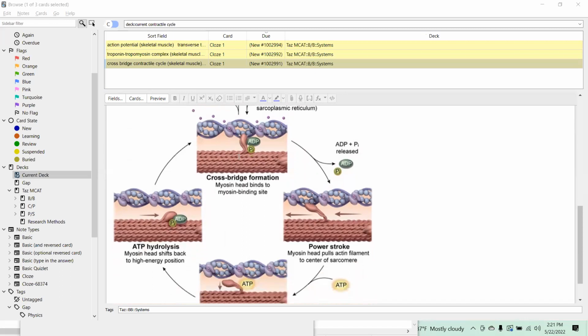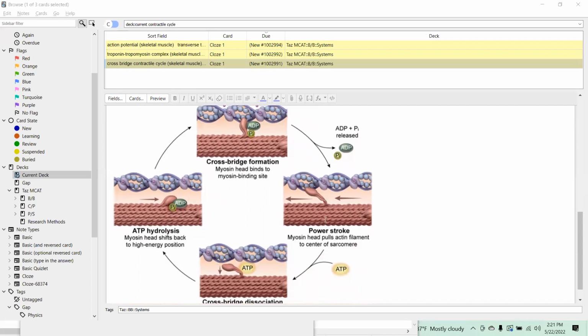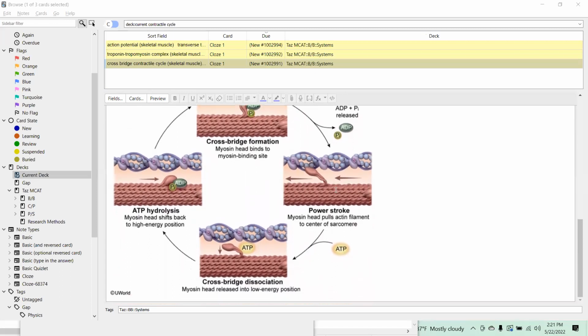Yes, that's what it's called. And then when these guys release, the myosin does this thing called the power stroke, which pulls on the filament. When it pulls on the filament, that is essentially muscle contraction, just a very small amount.